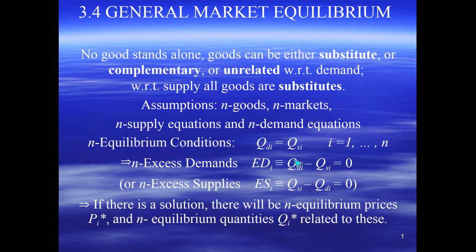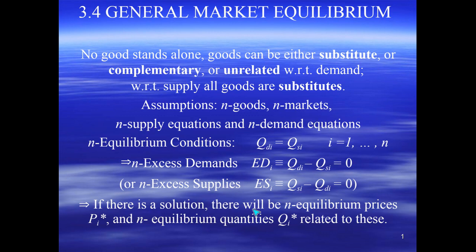So all three expressions say the same thing, and they are equally valid. You can use any of them. QDi equals QSi, or QDi minus QSi equals 0, or QSi minus QDi equals 0. They mean the same thing. It's sufficient to use just one of them. And i, of course, goes from 1 to n, because there are n goods and markets in this economy.